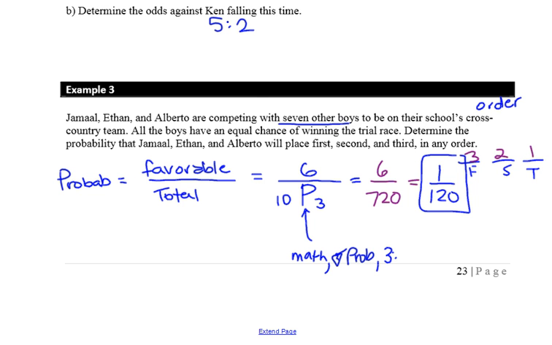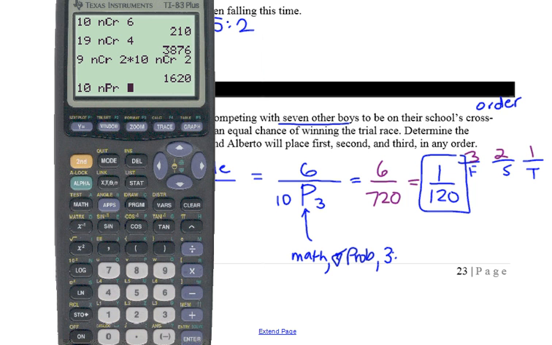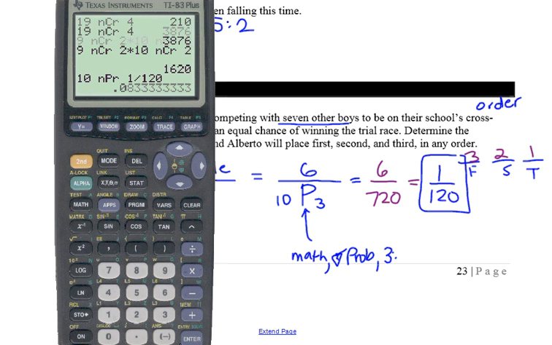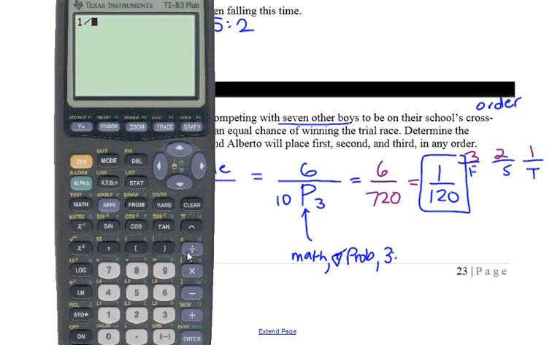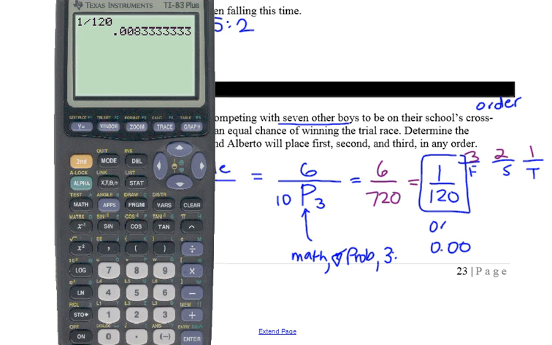Really quick note, we have 1 over 120 here. There's 3 ways we can represent probability. This is one of the ways, a fraction. What's another way? Decimal, thank you. So you could also answer as 0.0083.